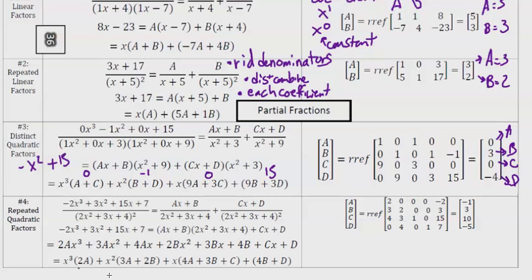X cubed, it looks like it has to equal negative 2. The x squared coefficient is 3. The x coefficient is 15, and the constant coefficient is 7. Set that up in the matrix or any system of equations you want to solve, and then you get a equals negative 1, b equals 3, c equals 10, and d equals negative 5.